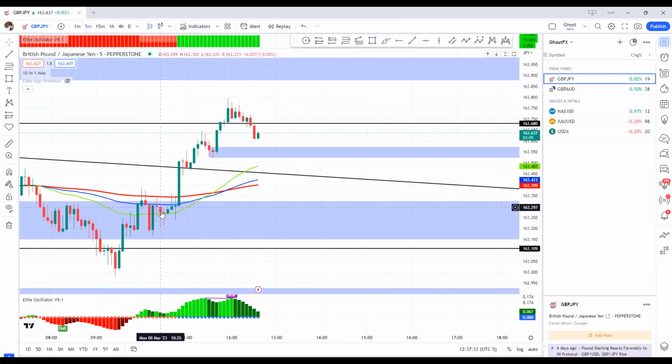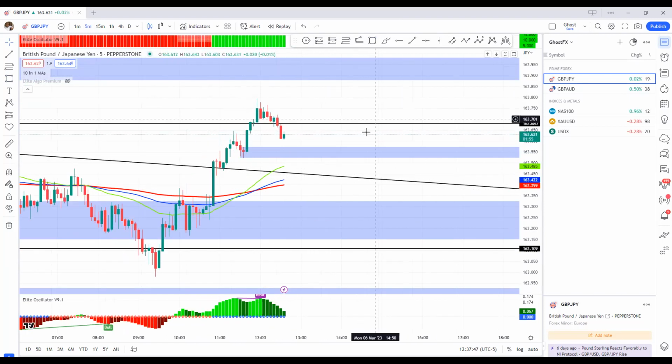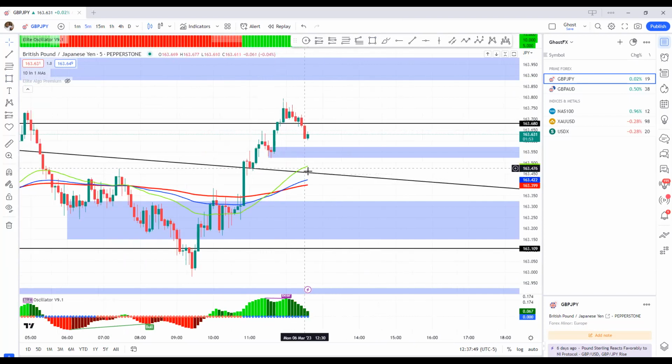Or it could come all the way down here, which is a higher time frame demand zone. So it could either come here and then go up, or just come down here. Let's just wait for it. Sometimes it's good to also wait for it to hit the first EMA. Then we get an engulfing candle, then boom, we go for a buy.